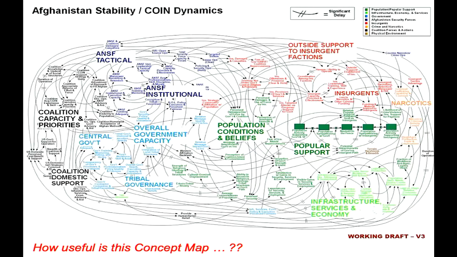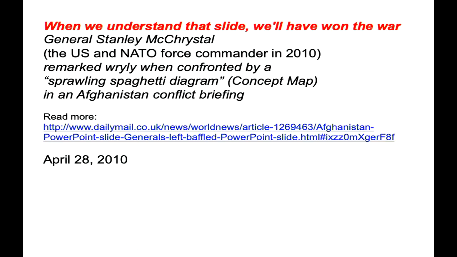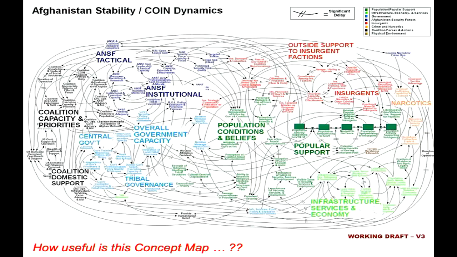You have to unpack them in terms of what you mean by that little phrase, but then to have so many cross connections, it's, as I said, a sprawling spaghetti diagram. Stuff like this undermines the power of mud maps or concept maps. Someone's taken it too far, to the point where it's unworkable.